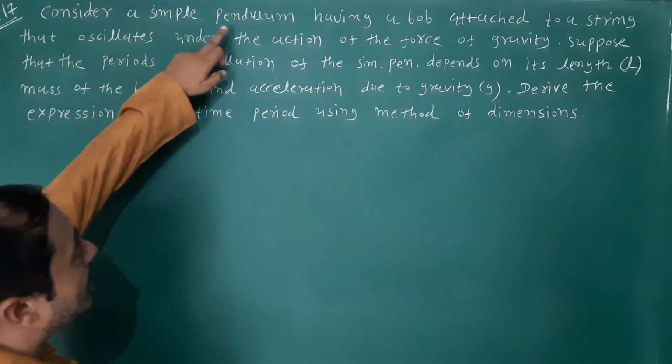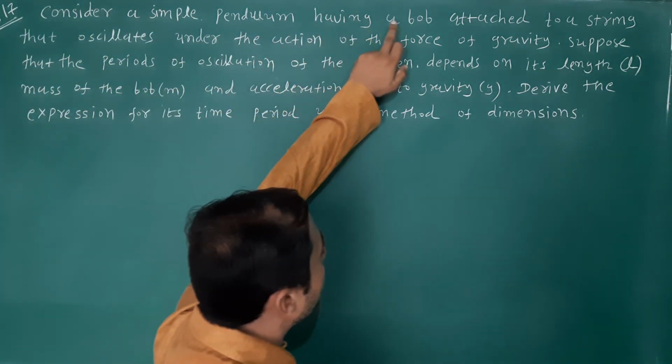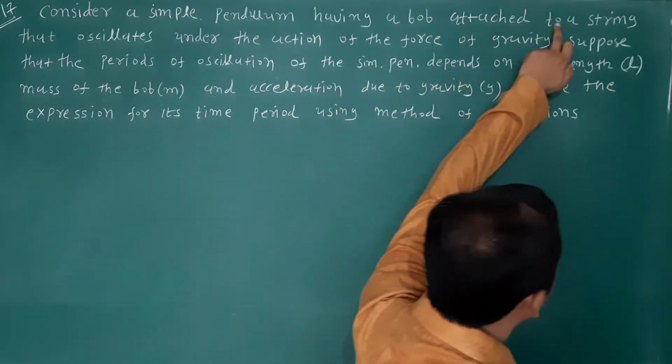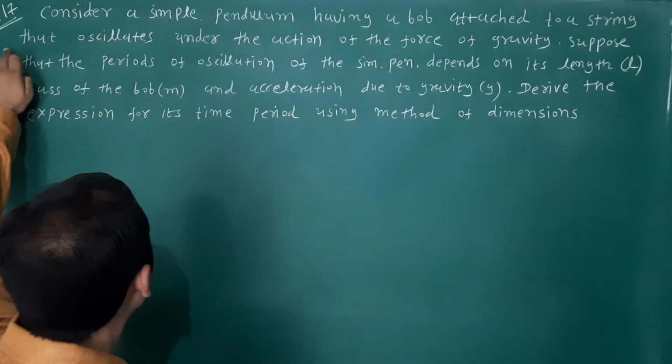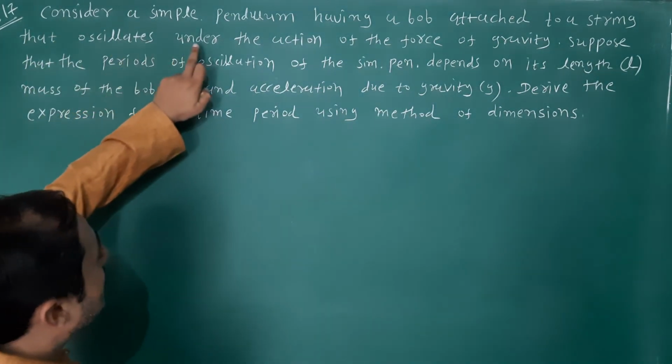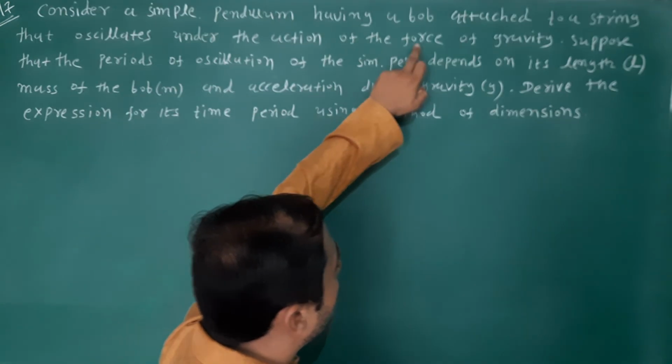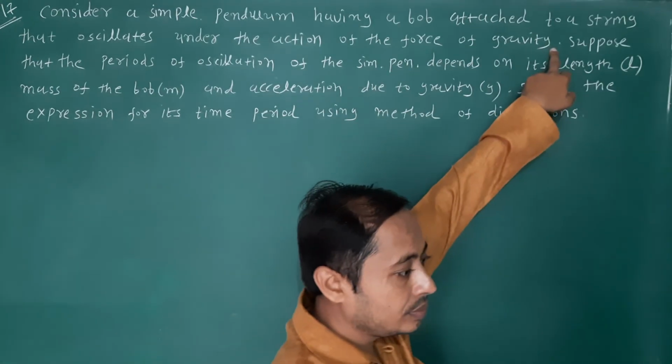Consider a simple pendulum having a bob attached to a string that oscillates under the action of the force of gravity.